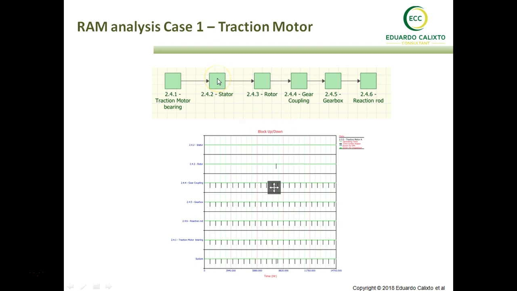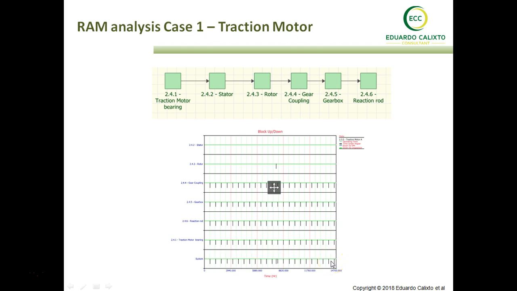We did not put any preventive maintenance on this equipment. All the other equipment, such as rotor, gear coupling, gearbox, reaction rod, and traction motor, have some inspection and preventive maintenance, and then we can see the impact that we have in the traction motor.